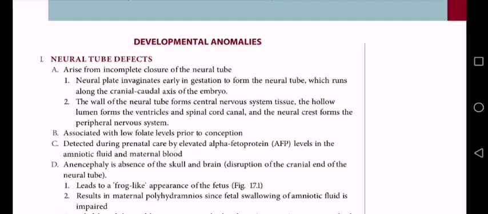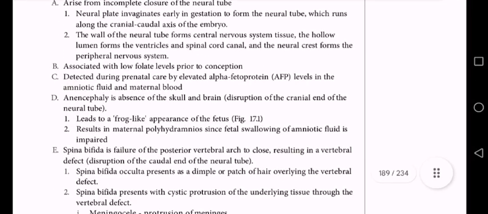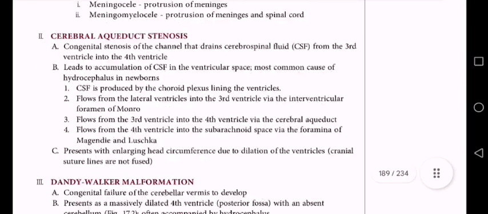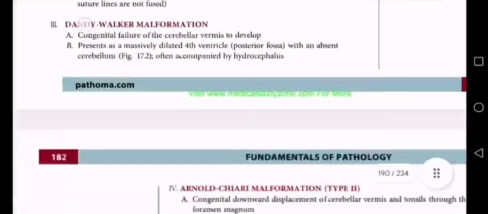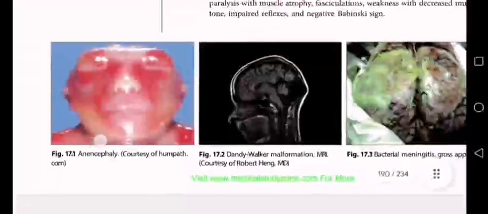Anencephaly is absence of the skull and brain. So in here there's a disruption of the cranial end of neural tube, which leads to a frog-like appearance of the fetus. You can see over here. Where is the diagram? Here.